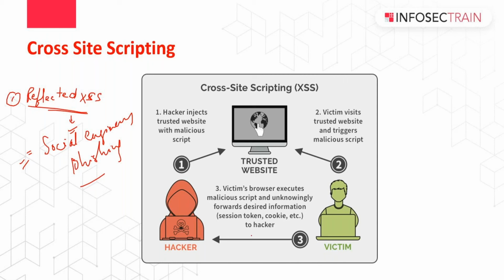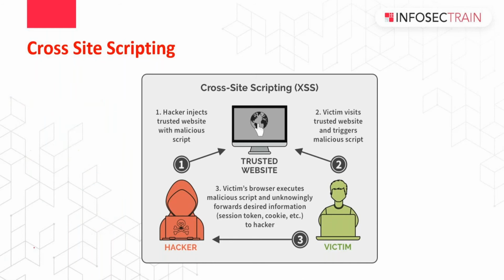If he has sent the link to 40 people, and even 5 people have clicked on the link, it's good for him. So that is reflected cross-site scripting, where the attacker has to send it by himself.